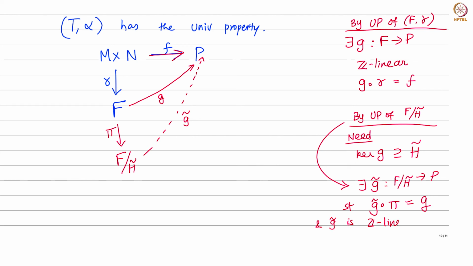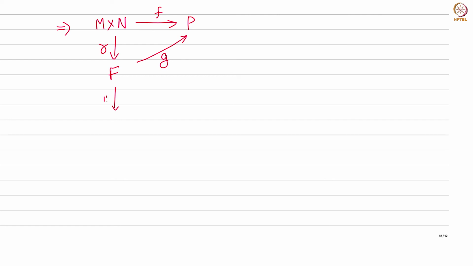All this is more or less a repetition of the arguments we gave earlier. So finally, what does this mean? This means that we have shown the universal property, because I have two commuting triangles. On the one hand there is G, and on the other hand there is F mod H tilde, so there is this map G tilde.